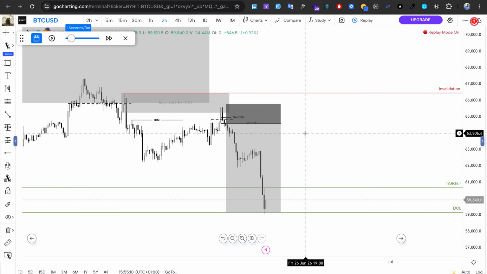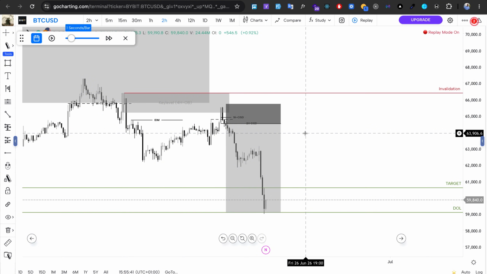Like I said, this is just a little recap. We determine the bias. We check where the price is reacting from. Then we determine our key level. We define the key level on a lower time frame, right?